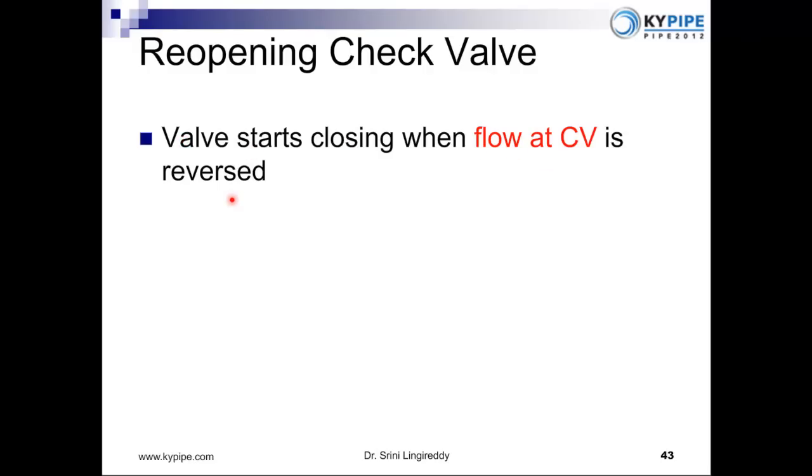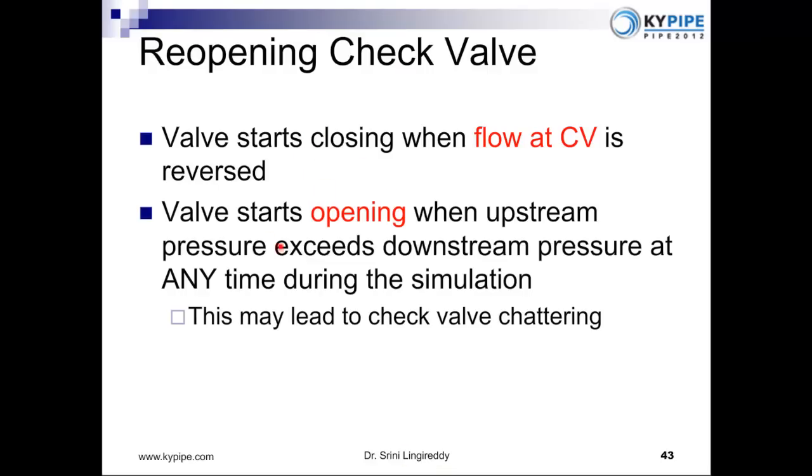These check valves, the valve starts closing when flow at the check valve is reversed. That's the assumption. The internal assumption is that as soon as the flow through the check valve becomes zero and it is ready to be reversed, that is when the check valve starts closing. If you put just a regular reopening type check valve, the same is true for a non-reopening check valve on the closing sequence.